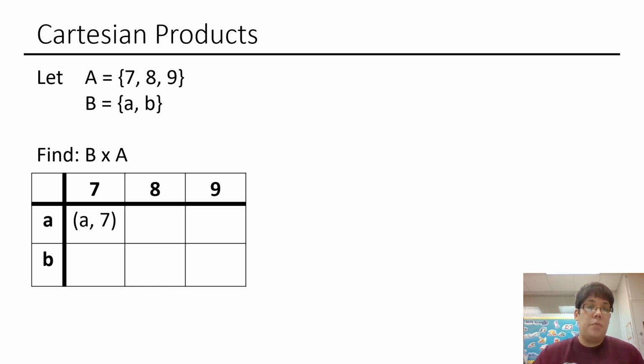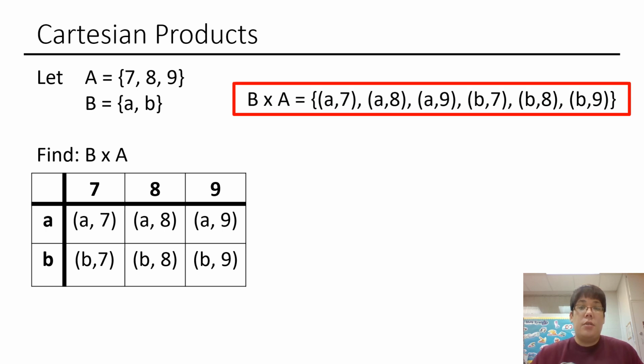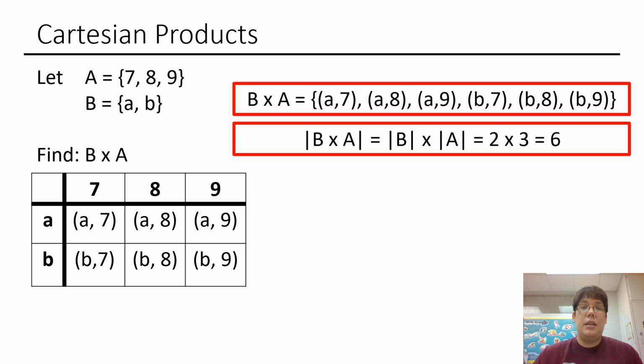So we're going to have the ordered pairs a7, a8, a9, and then b7, b8, and b9. Now you can write all of those out in B crossed with A. Again, make sure that you separate your ordered pairs with a comma. And then if you look at the cardinality, it turns out that it's going to be the same. So whether we did A crossed with B or B crossed with A, we still get 6 elements in the set.